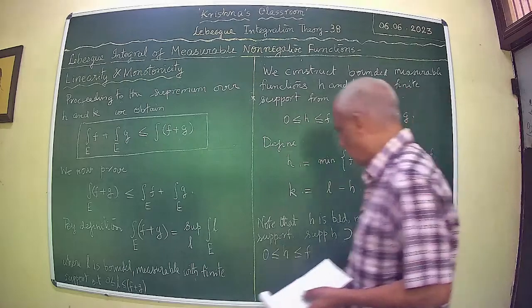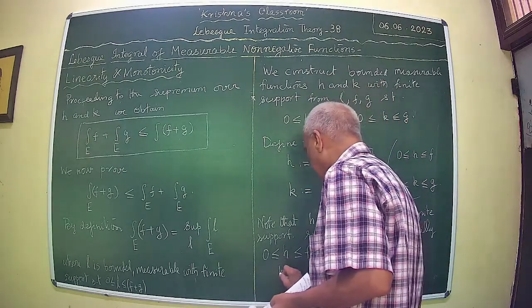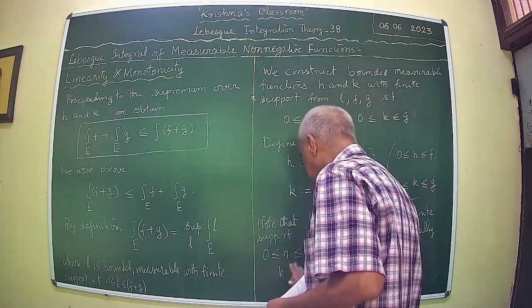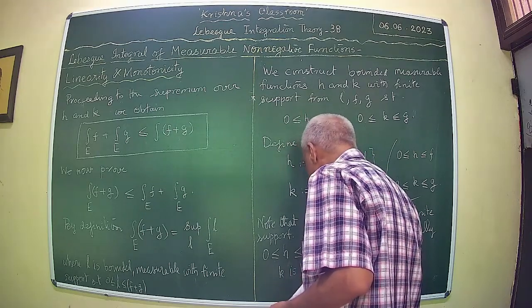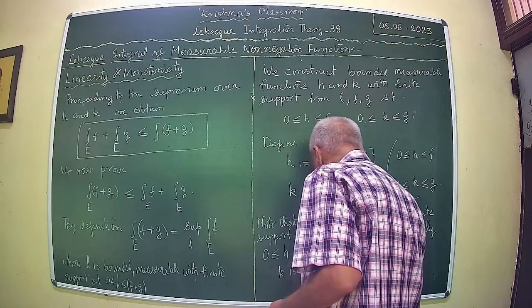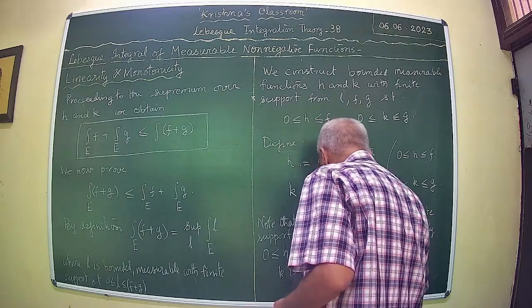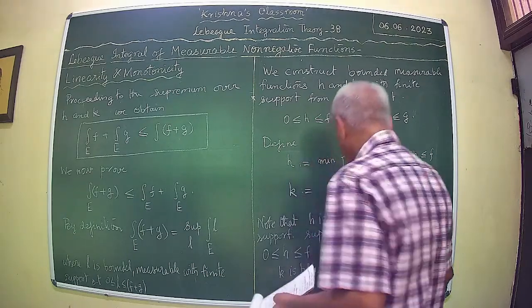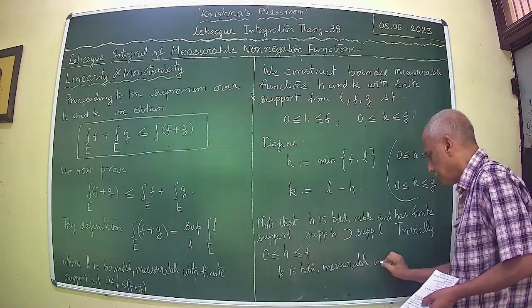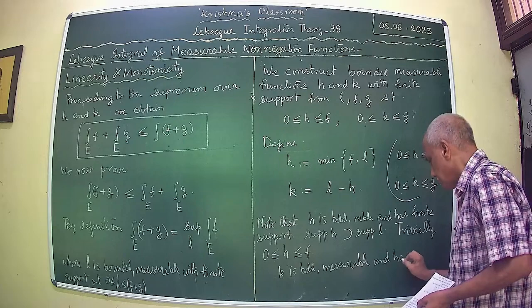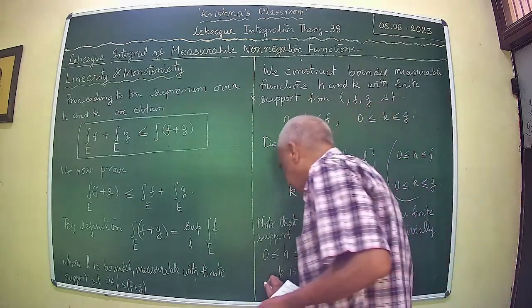Now what about k? k is bounded measurable and has finite support.